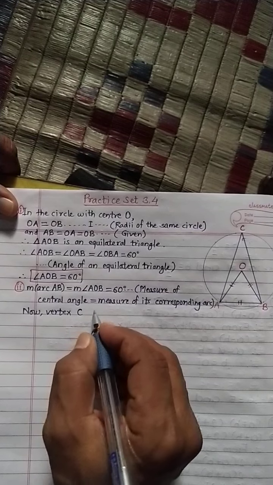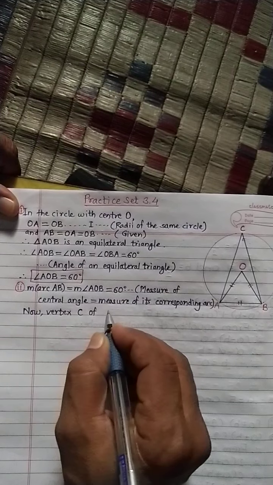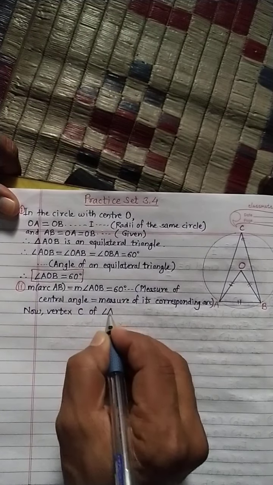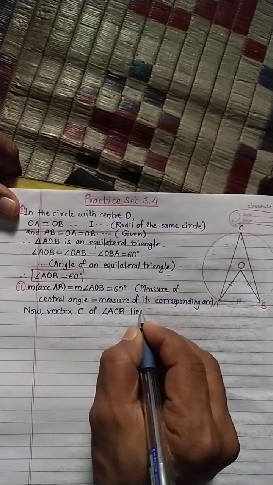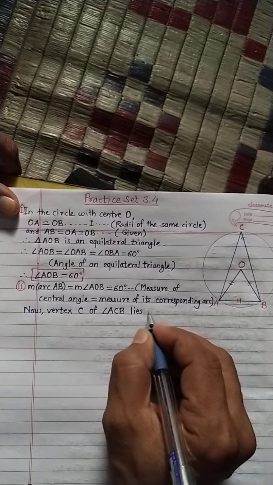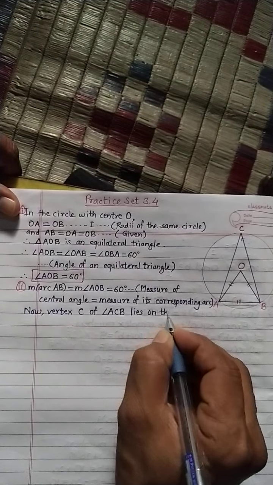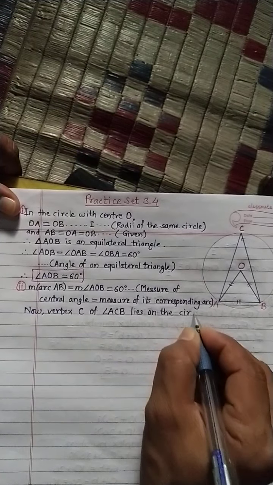Now the vertex C of angle ACB lies on the circle.